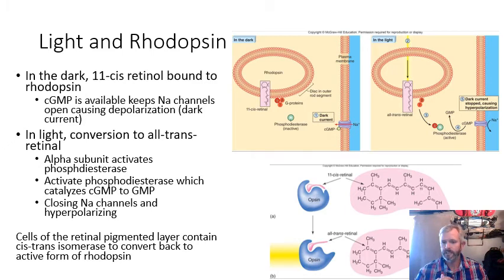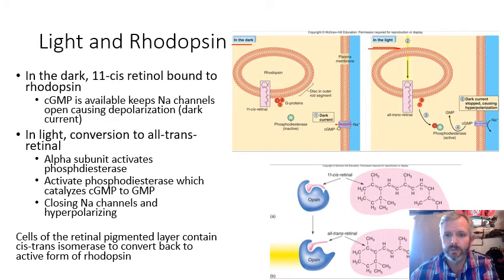So to get stimulated, we're actually going to hyperpolarize the cell and stop releasing that inhibitory neurotransmitter, and now we can get signaling.